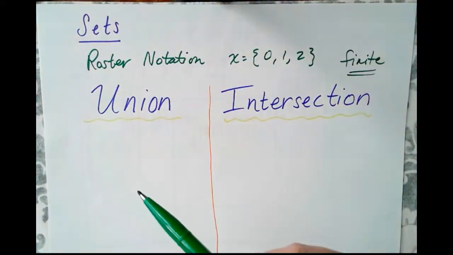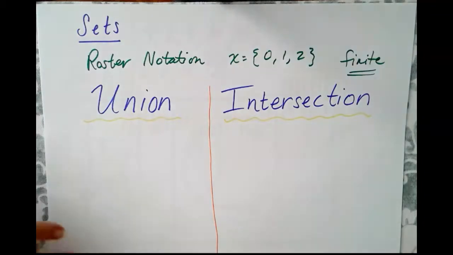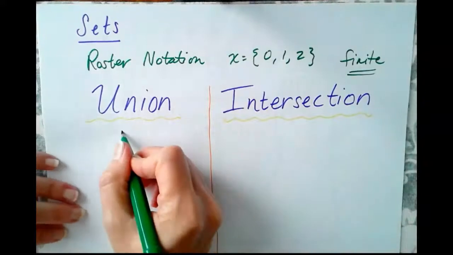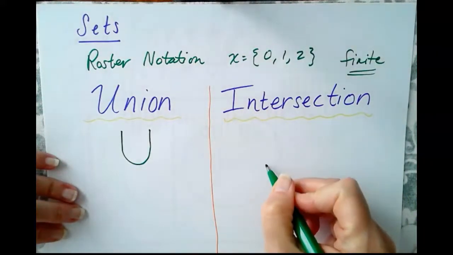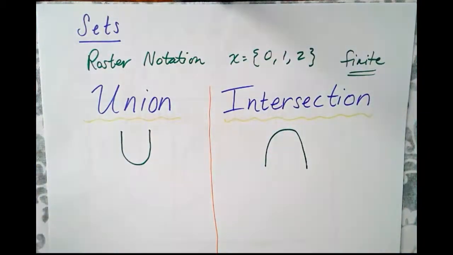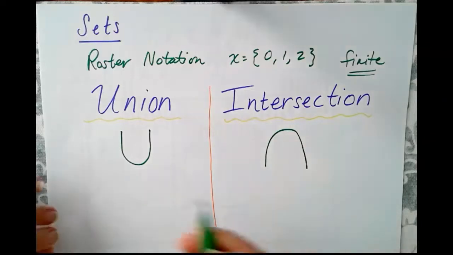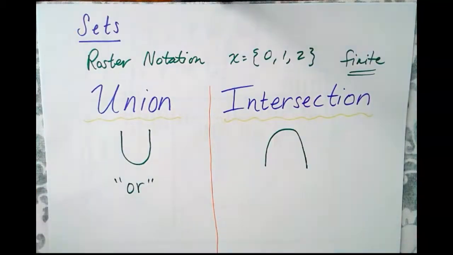So union versus intersection. Union is symbolized with the big funky U, and intersection is symbolized with the upside down big funky U. Union represents the conjunction or.